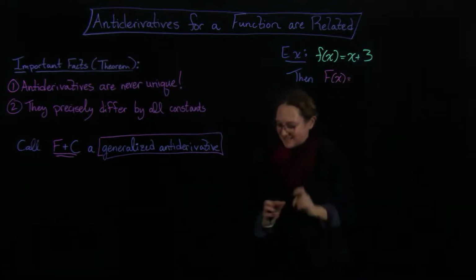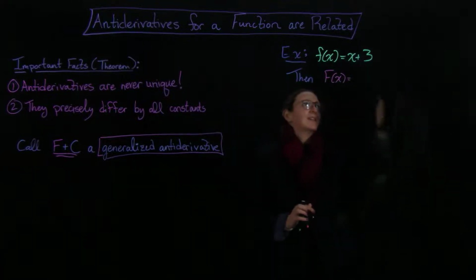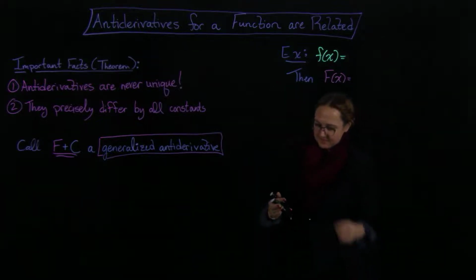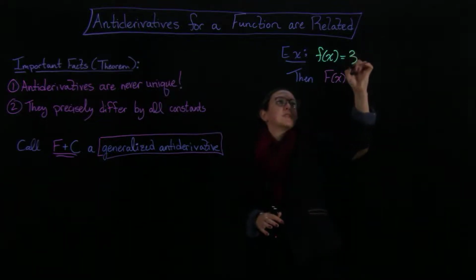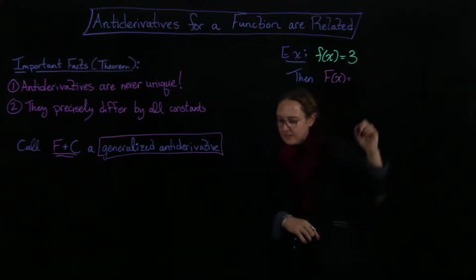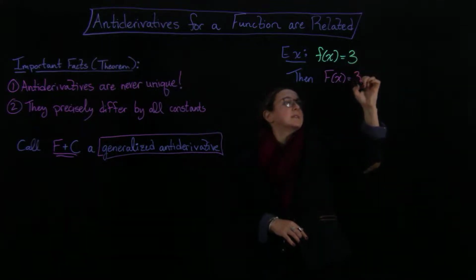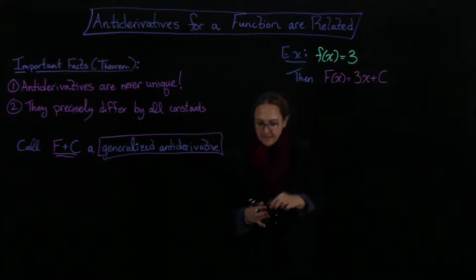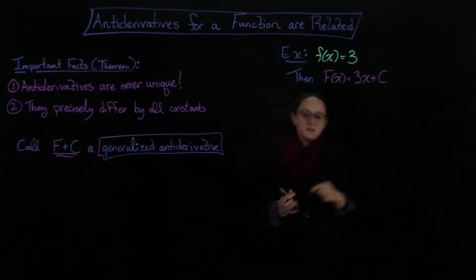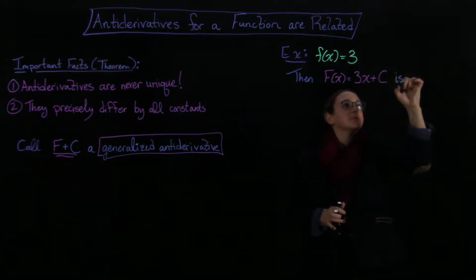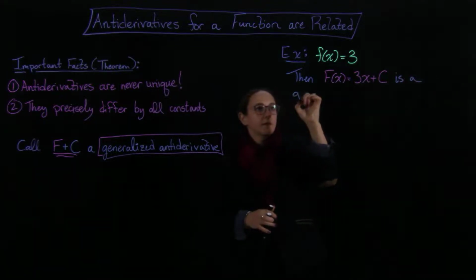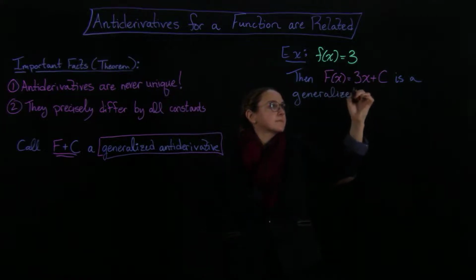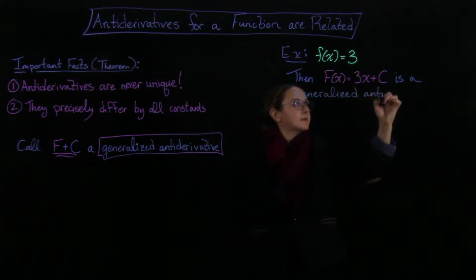Oh, that's not x plus 3. I wrote this down wrong in my notes. That should be a 3. Then F of x equals 3x plus C is a generalized antiderivative.